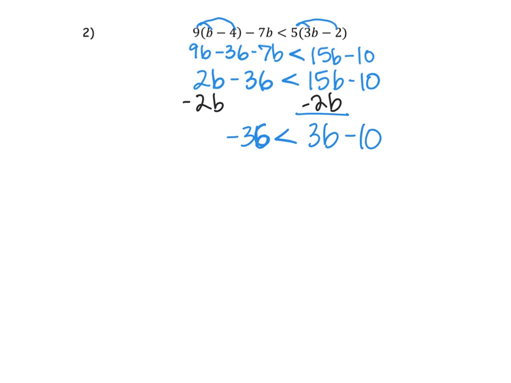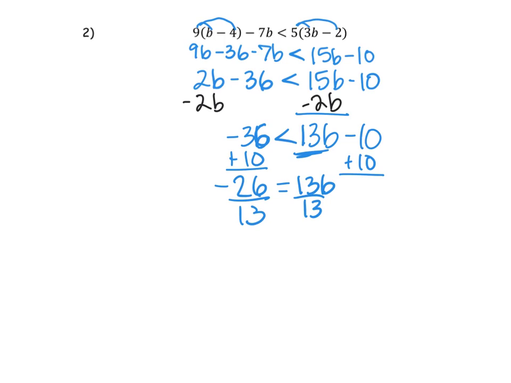It's a negative 10, so I'm going to add 10 to both sides, which is going to get me negative 26 is less than 13b. I made that mistake: 15 take away 2 is 13. My last step will be to divide both sides by 13. So I'm going to get negative 2 on the left.